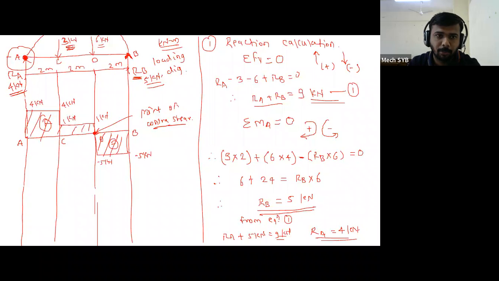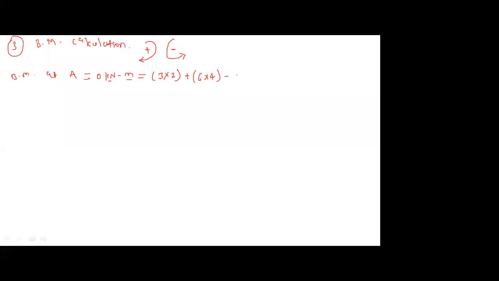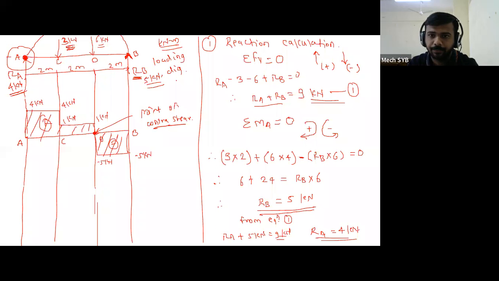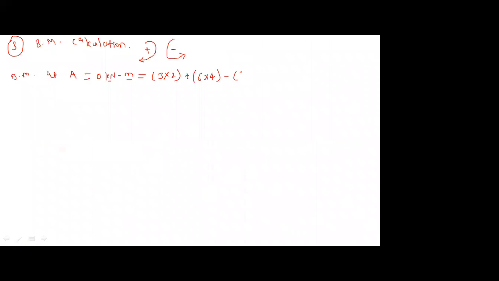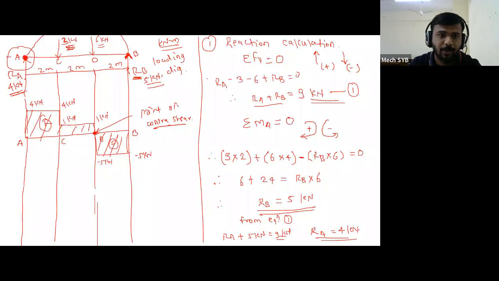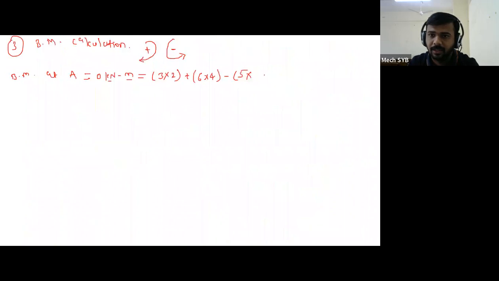If I resolve this point C towards point A, that moment is rotating... minus RB. What is the RB value? 5. 5 into the total distance between A and B, 2 plus 2 plus 2, that becomes 6.